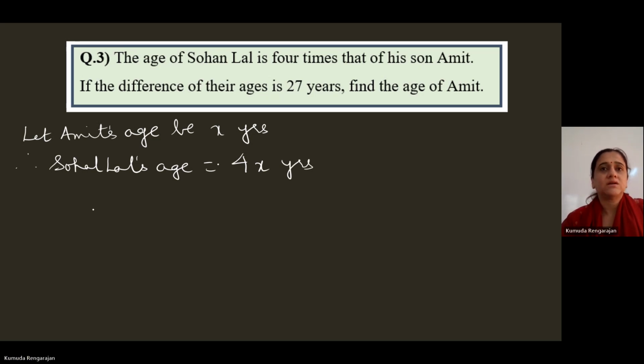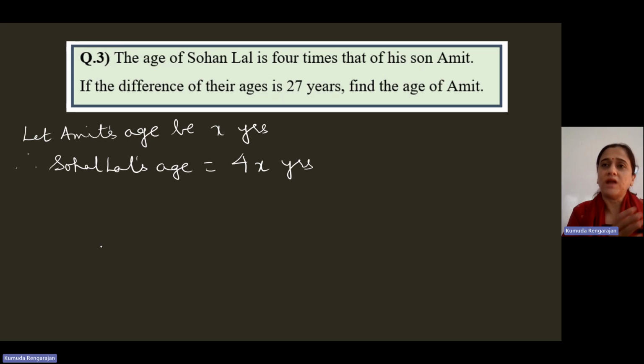Whenever we have to solve a word problem in simple equations, you need to divide the information in the question into 2 parts.